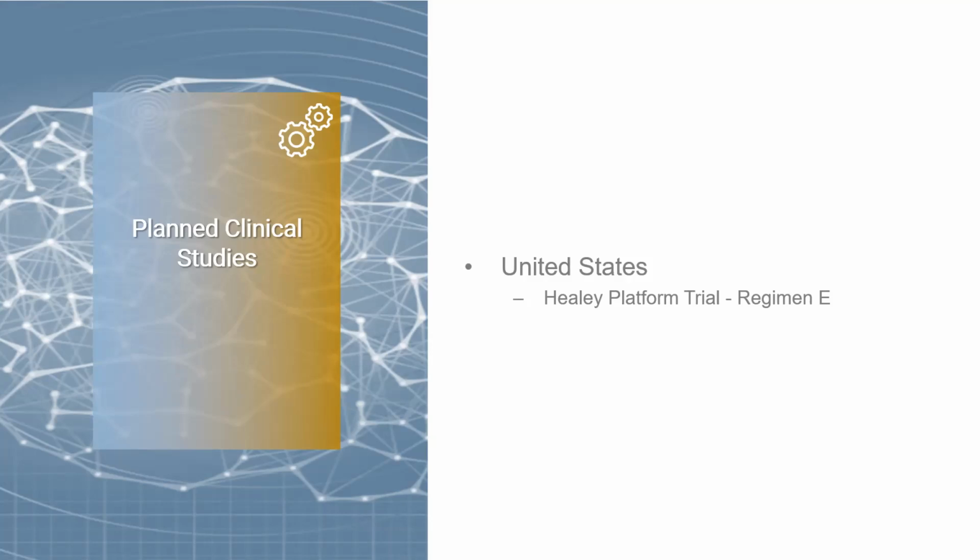So that's the regimen that we are using, and more details of the inclusion-exclusion criteria can be easily obtained from the Healey website itself, and people can also reach out to us directly. I'll stop here and take some questions.